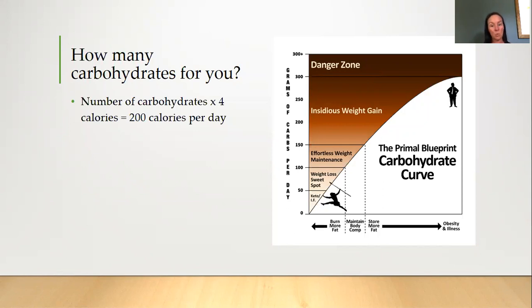So anything between 150 and 300 grams of carbs is weight gain. From 100 to 150 grams of carbs per day, that is effortless weight maintenance, and that is so easy to maintain with Primal. And as you know, I'm a Primal diehard. I totally live my life like this.